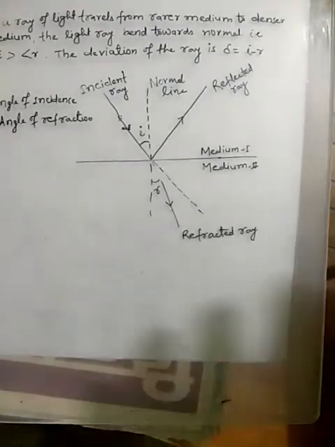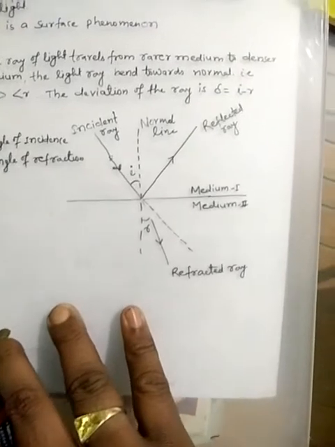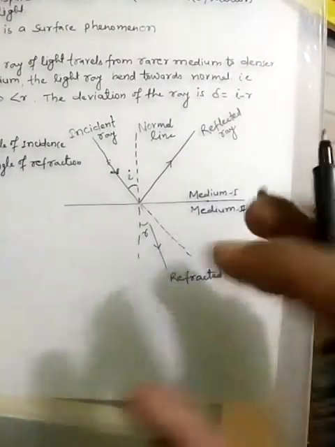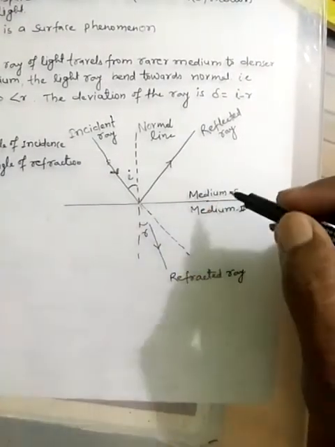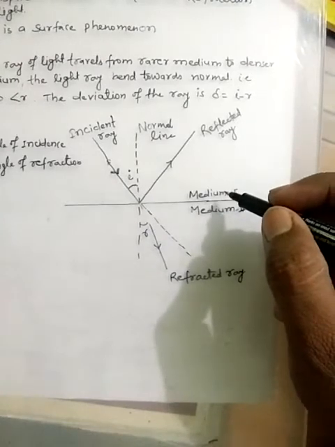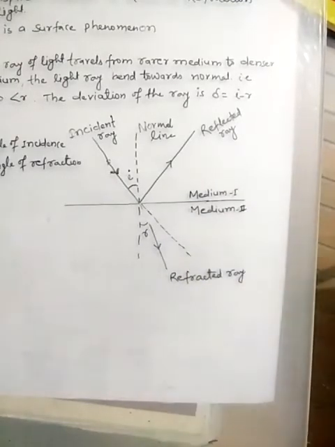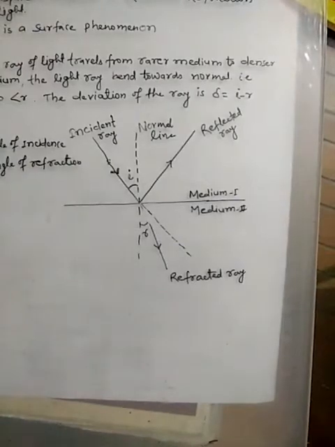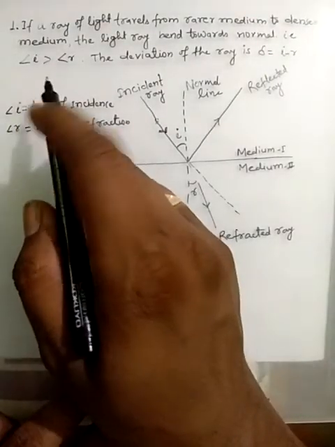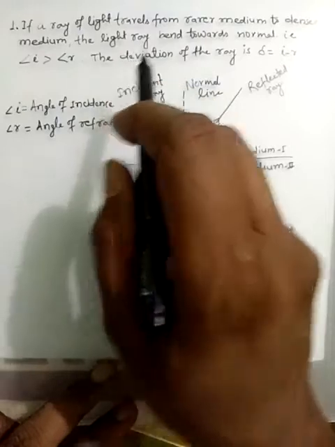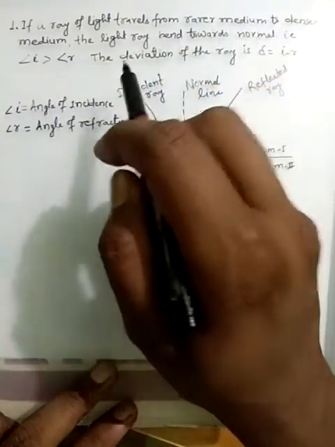These are the two possibilities of changing the path of the light when it passes from one medium to another medium. The first condition is if a ray of light travels from rarer medium to denser medium.